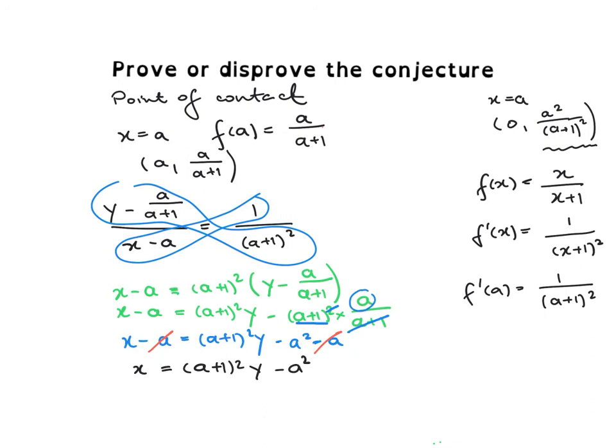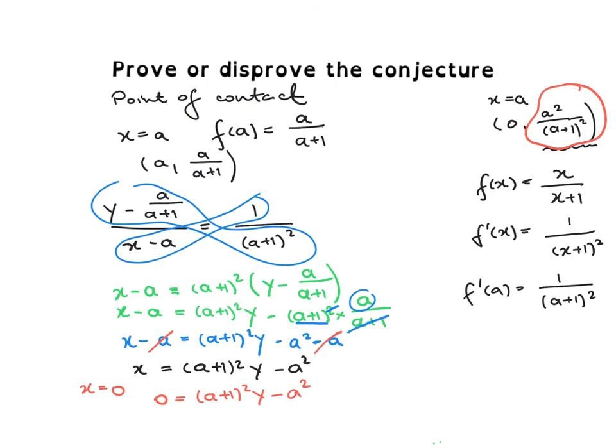Now, we have to prove the conjecture, which is that when x is equal to 0, y is equal to this part here. Let's say x is equal to 0. So it's going to be 0 equal to (a plus 1) to the power of 2 times y, take away a to the power of 2.